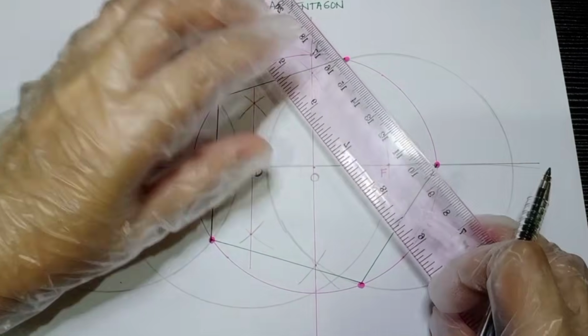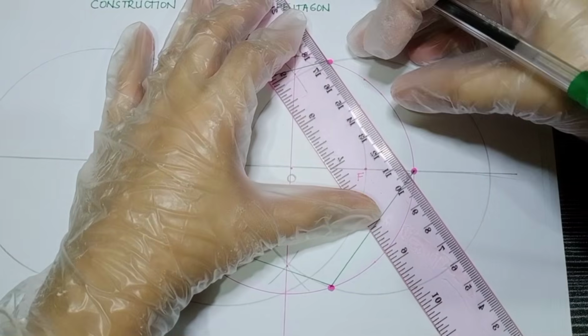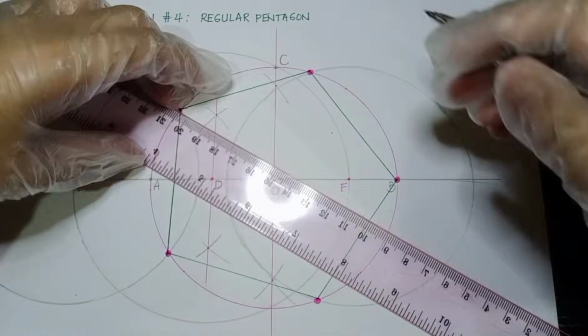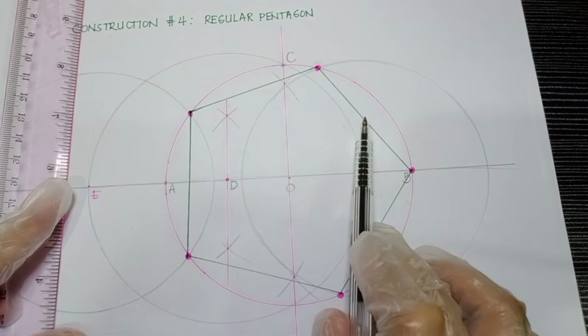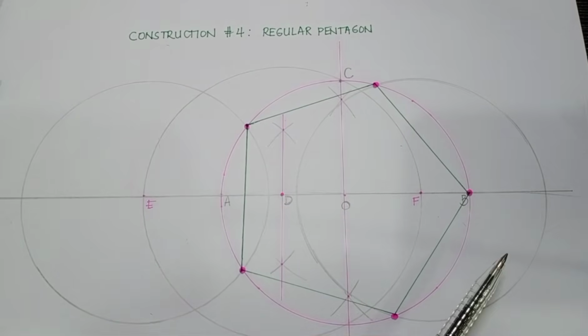And then, your fifth side. Okay, so ito po yung 5 sides ng ating pentagon. 1, 2, 3, 4, 5. So we now have a regular pentagon.